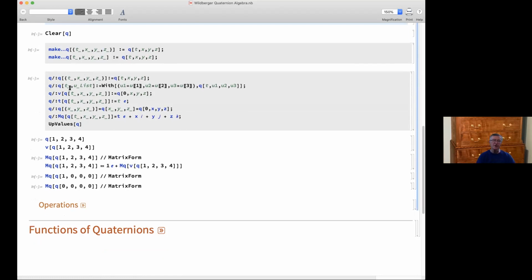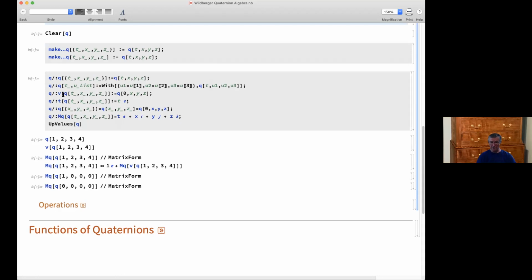So for instance, if I want to define a quaternion as a 1 real number and a 3-tuple list, then it will go ahead and separate the list and then make a quaternion for me in the usual way. If I want a pure quaternion, which is basically the 4th dimension is 0, then you just specify that you want the pure quaternion as V.